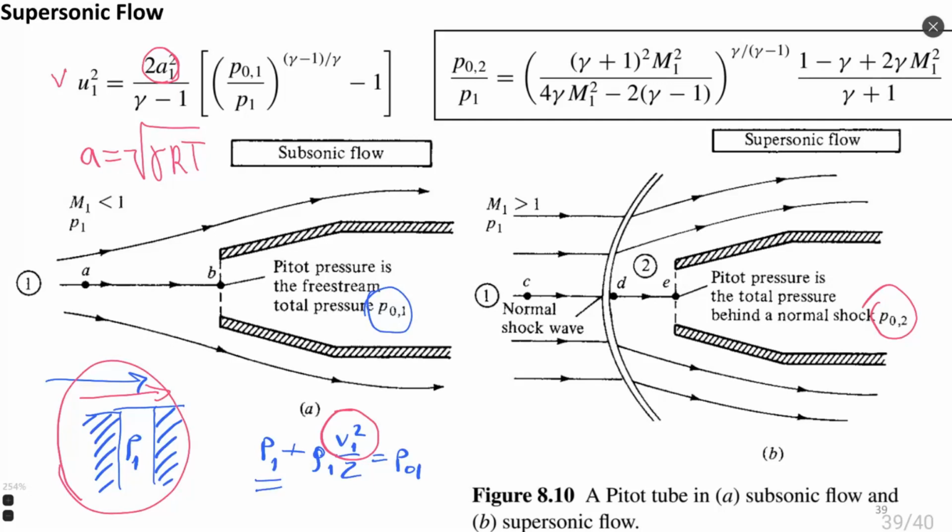So the left side of the big equation here is known from sensors, and the right side of this equation is our system of several combined equations, the transition across the normal shock wave.